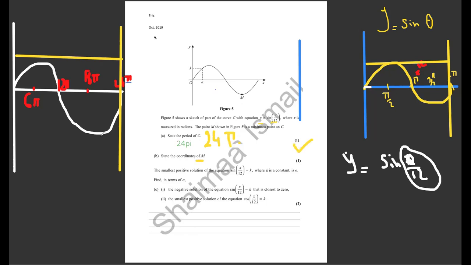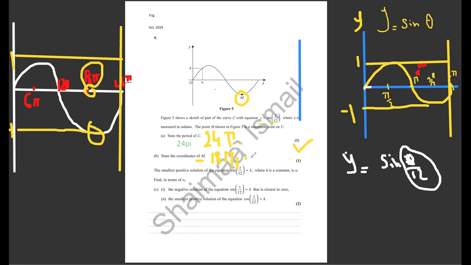State the coordinates of M, and here is M, which is here. It's clear we haven't changed the y-axis. The y-axis here is 1 and here is -1. And the change is just in the x-axis. So normally here is -1 and here is 1 and here is M. So M here would be 18 pi, -1.